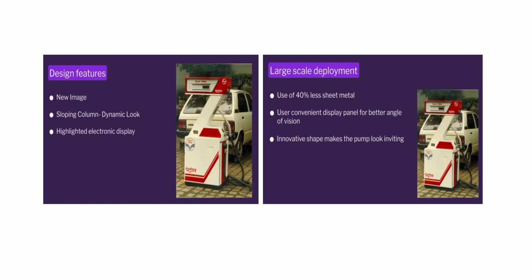Okay. So let's take the reference from the content and you'll be able to understand. So here it says design features of having a new image. The sloping column gave a dynamic look and we had a highlighted electronic display.